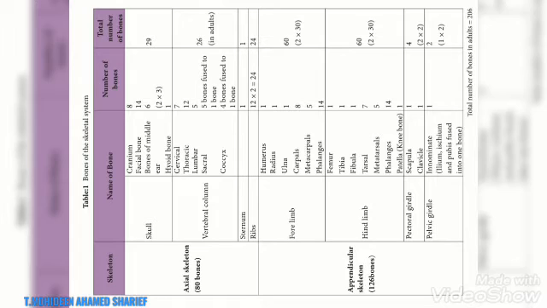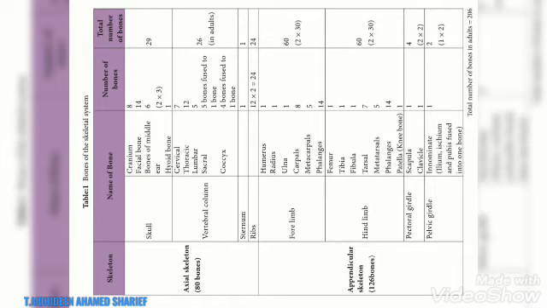The skeleton has two major categories, axial and appendicular skeleton. Axial skeleton consists of 80 bones, and the appendicular skeleton consists of 126 bones. It has been further categorized into skull, vertebral column, sternum, ribs, forelimb, hind limb, pectoral girdle, and the pelvic girdle.